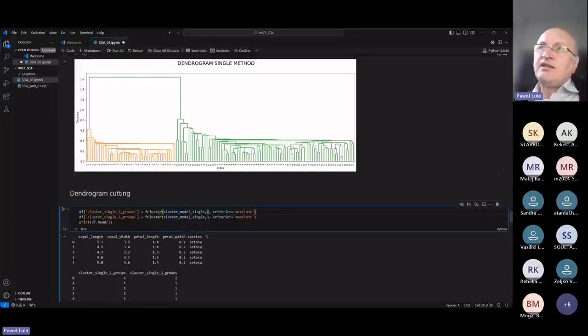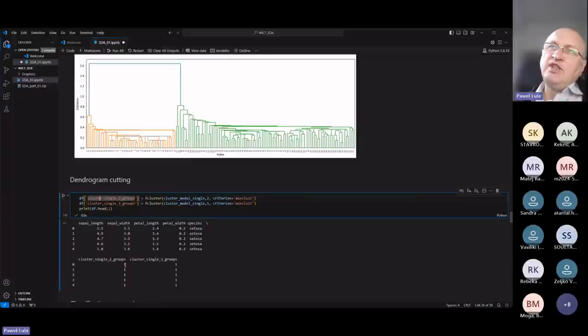And the results of clustering I will assign to this new column which I created in my data frame. I added a column cluster single 2 groups. It means the results of cluster analysis using the single linkage method, after division into 2 groups.